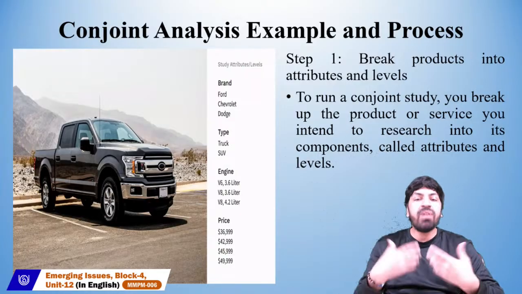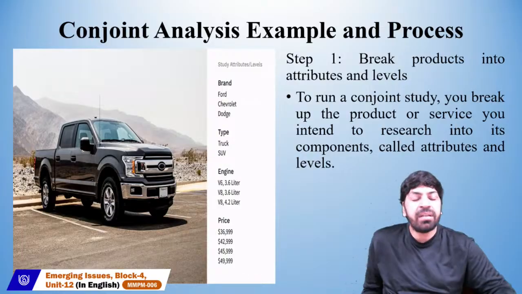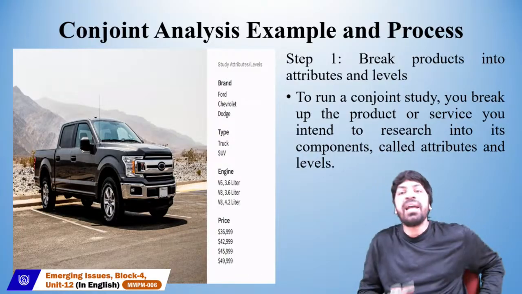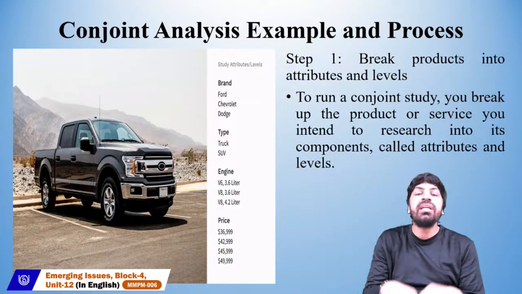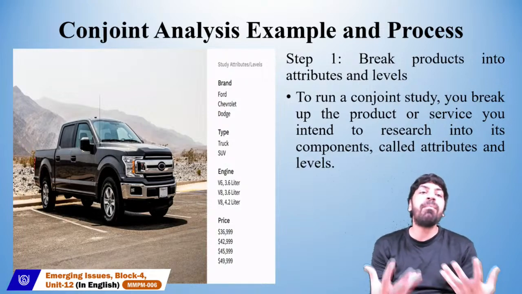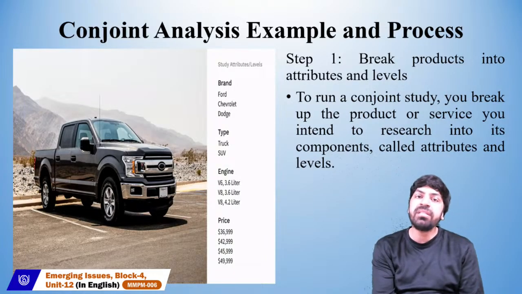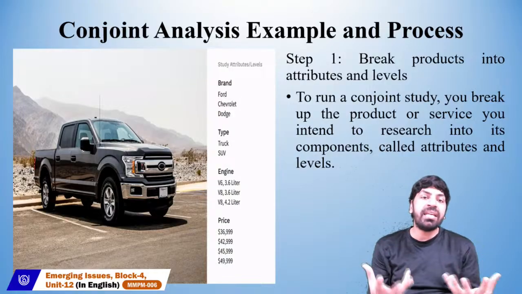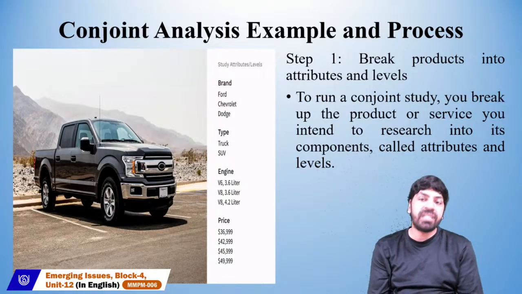So when you have any product or any brand and you classify that brand into its levels and attributes, then you can easily apply the conjoint analysis concept or framework to analyze and conclude the overall results.